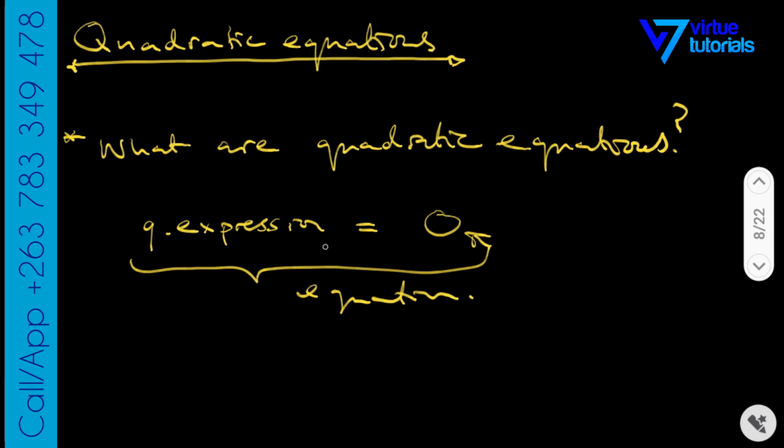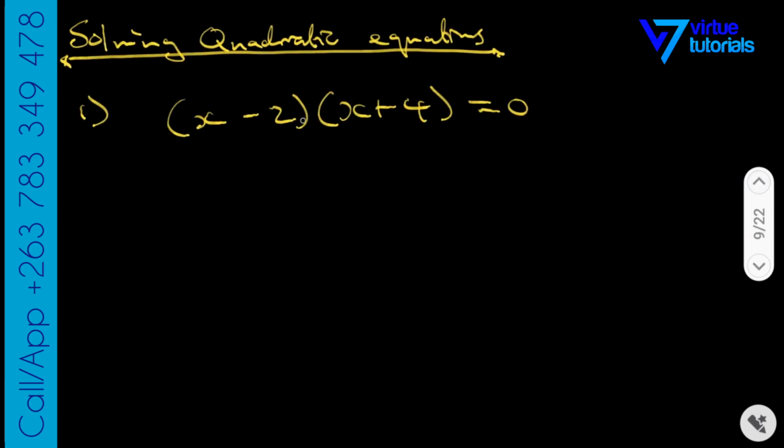So we're going to start off with the later stage. Let's say you factorized a quadratic expression, and then you have these two brackets. This is the result of factorization, and let's say this is equal to 0. If we want to solve this, how do we solve it? The simple way of doing it is we must equate each bracket to 0. So we must say x minus 2 is equal to 0, or the second thing, x plus 4 is equal to 0.